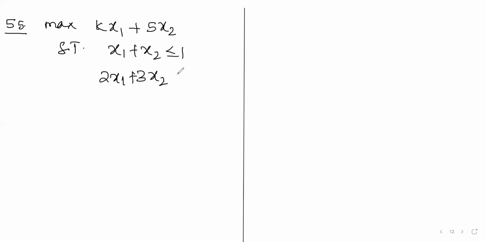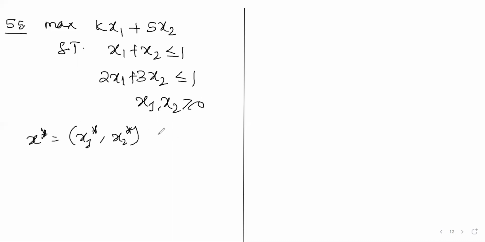So maximize kx1 plus 5x2 subject to the constraints x1 plus x2 less than or equal to 1, and 2x1 plus 3x2 less than or equal to 1, and x1 and x2 are greater than or equal to 0. And it says that x star equals x1 star comma x2 star is the optimal solution for k equal to 2.